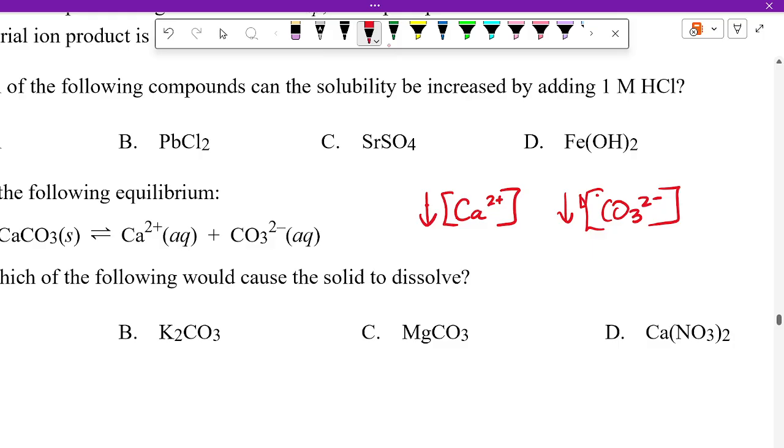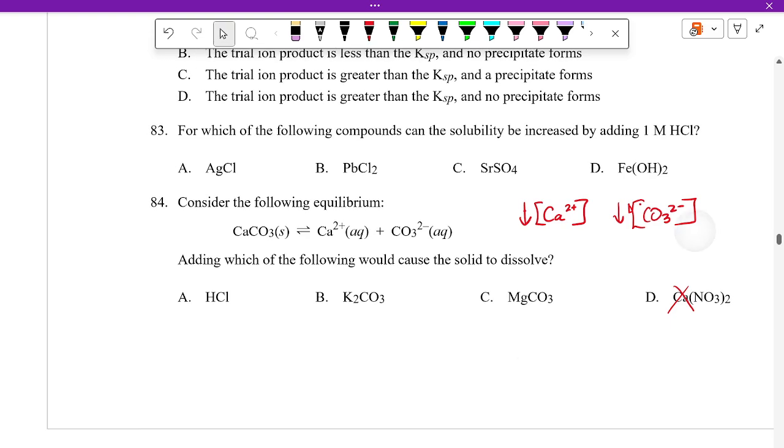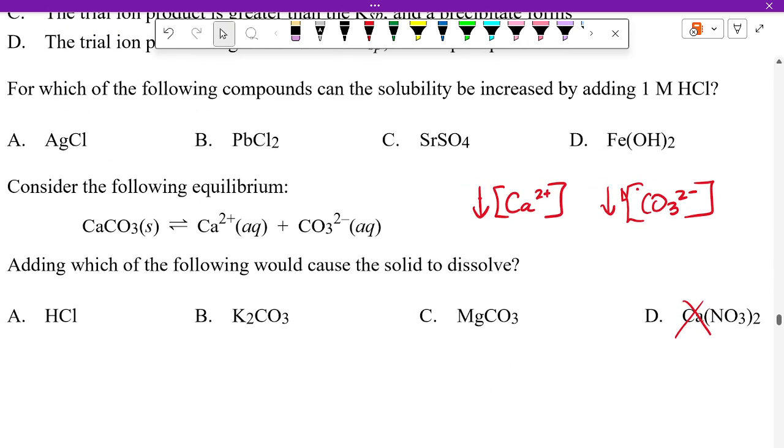Because that will cause it to shift to the right. So it's obviously not going to be the things that contain calcium. It can't be anything that contains carbonate. So even if you don't know why, you could guess that it is HCl, because the other three obviously don't.